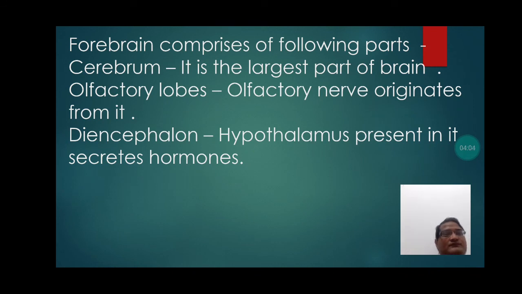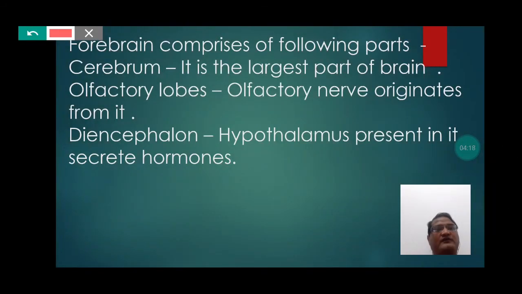Diencephalon, hypothalamus present in it secretes. So students, forebrain is made up of cerebrum, olfactory lobes and diencephalon.